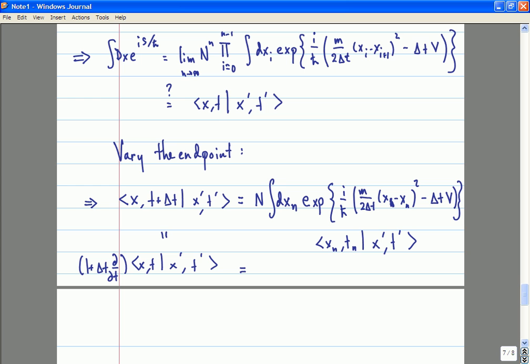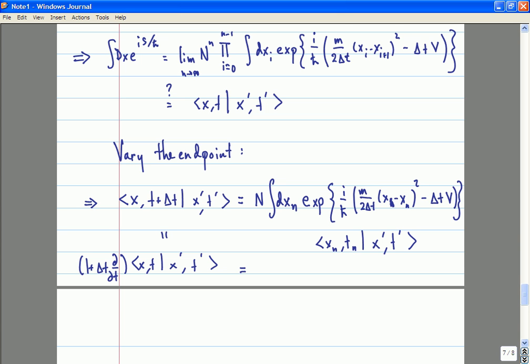And so what I would now like to do is, I've expanded the left-hand side to first order in delta t. So let's expand the right-hand side to first order in delta t. So let me just rewrite this slightly.